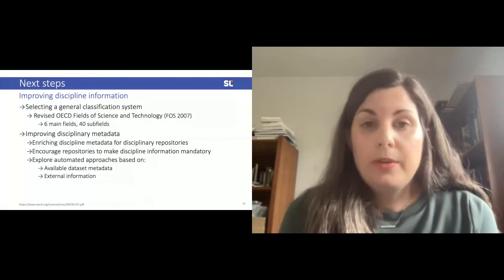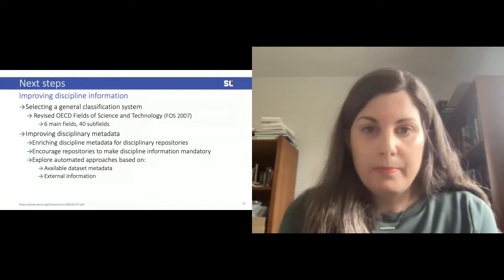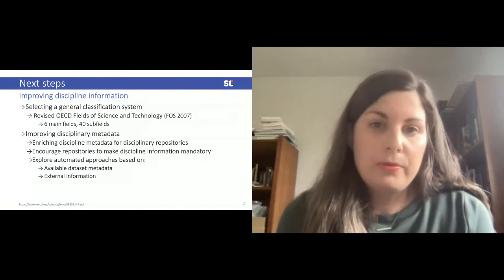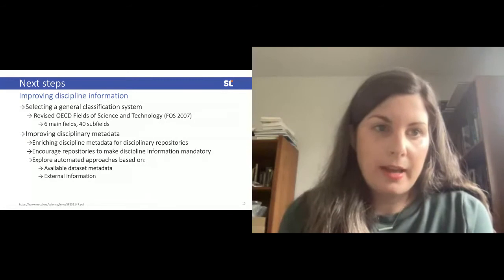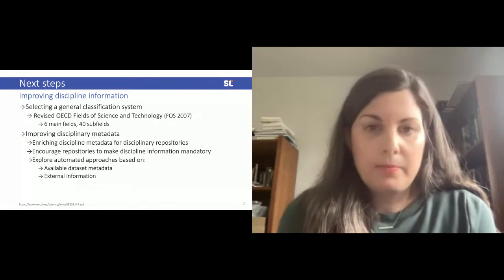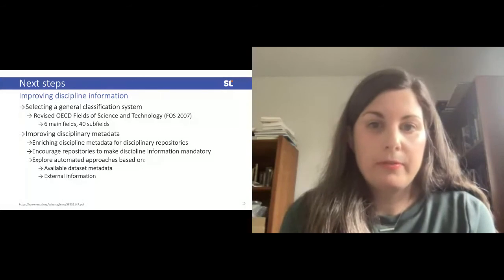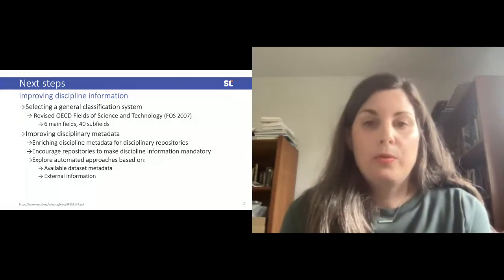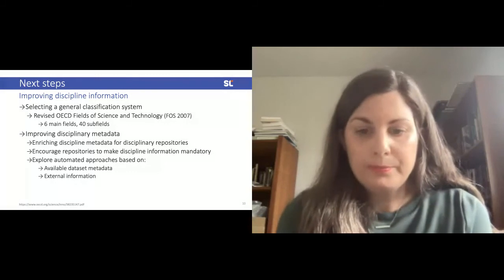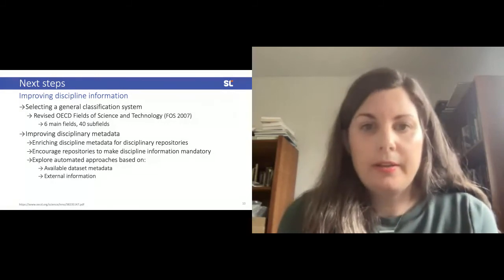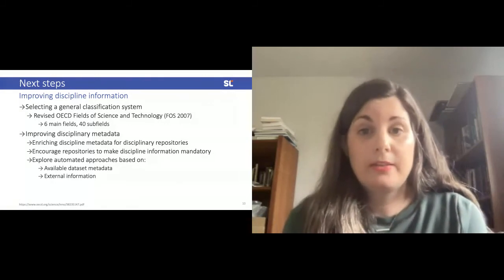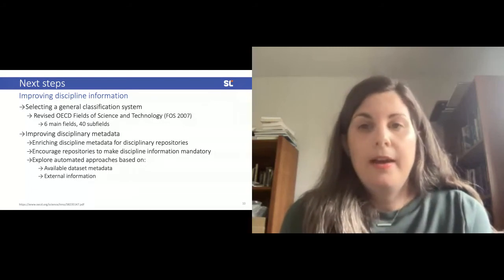So what we want to do next, and what is on the agenda of our research project, is to improve the discipline information, because we really think we can't start talking about constructing good metrics if we don't have discipline information. We've had discussions with the Make Data Count community and DataCite about what classification system to select.